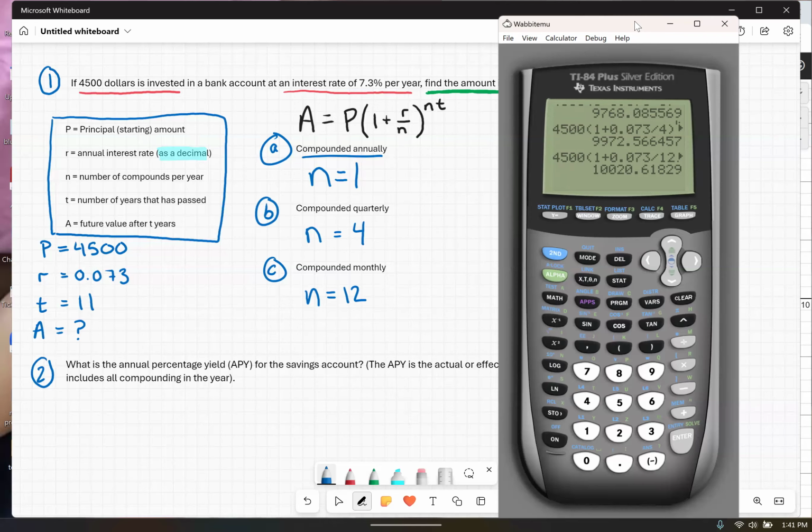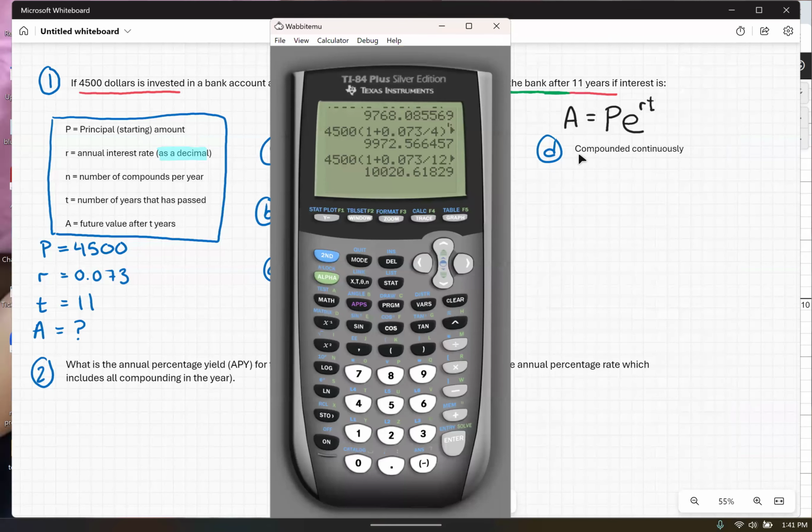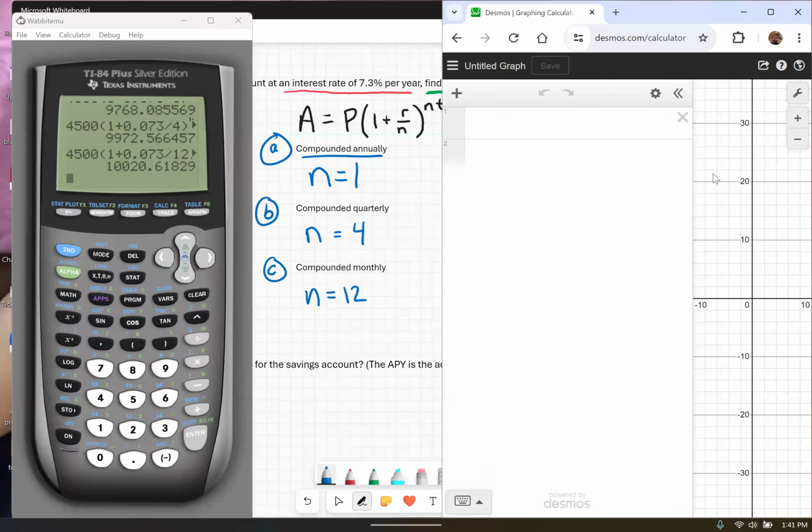And if we are going to compound continuously, actually, let me come back to that. So while we could see all 3 of these on the screen at once, let me come over to Desmos. And with Desmos, we're going to do the exact same thing. I'm going to type in exactly as it's written on the paper.